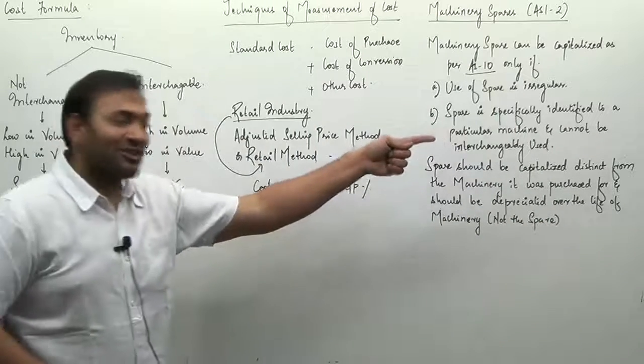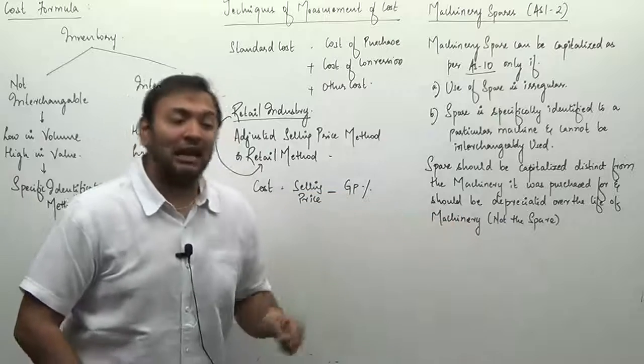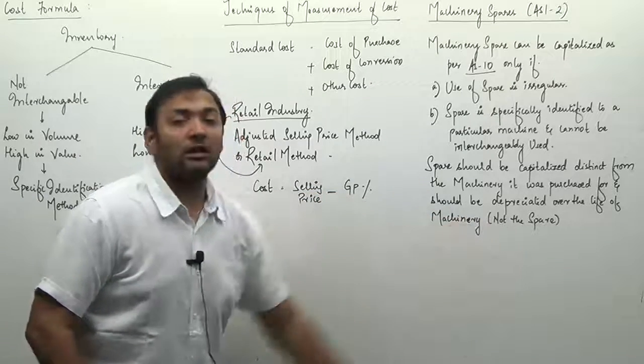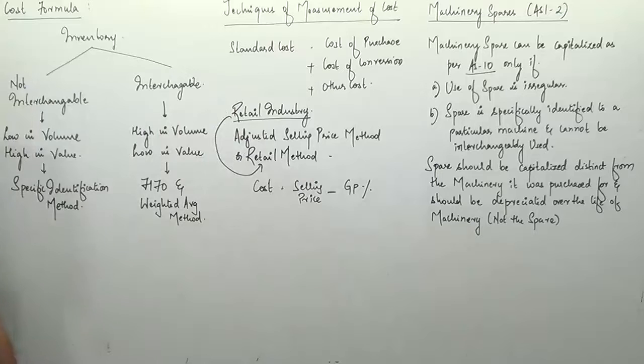Machinery has a life. So the spare should be depreciated over the life of the machinery, not the life of the spare. There is no life of the spare because the spare is not even fixed. So without being fixed, how can you estimate the life of a spare?